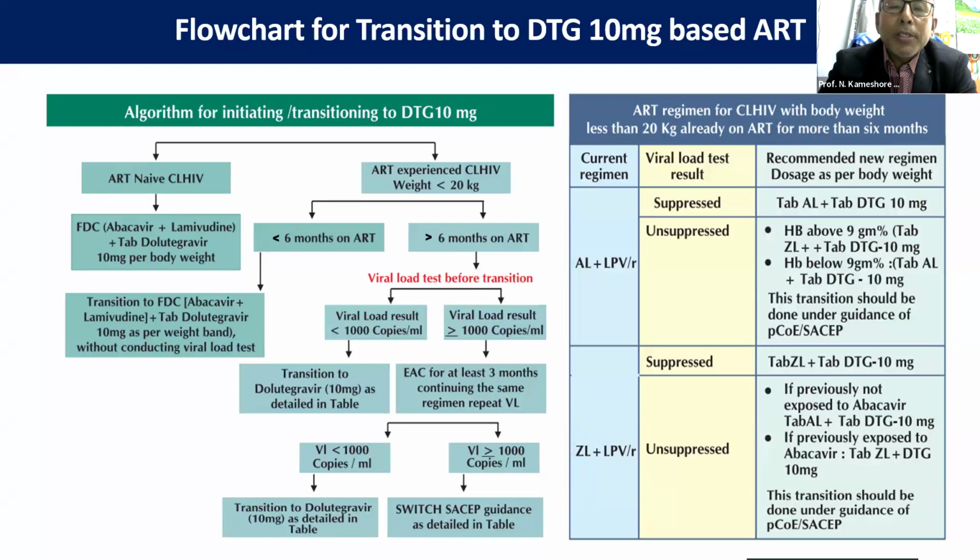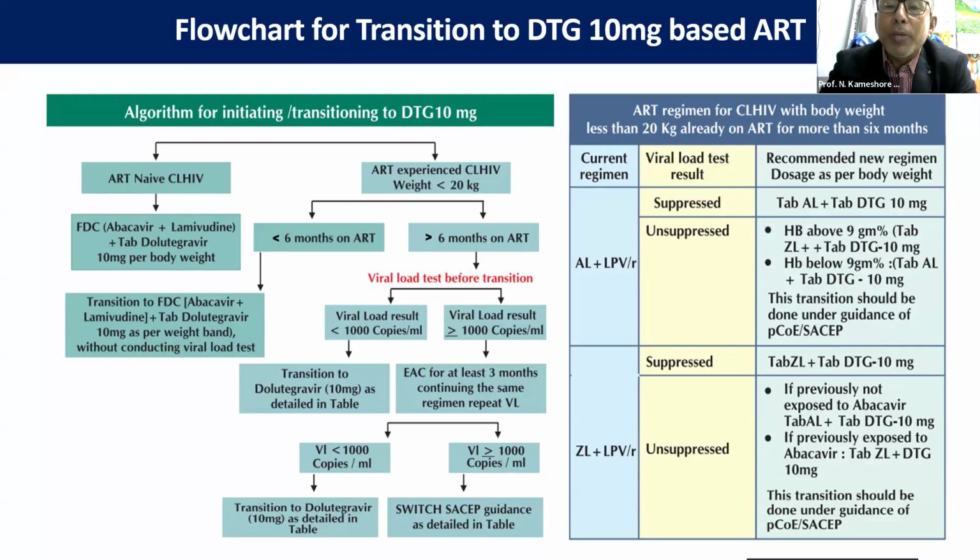Another example is that if the child is taking ZL and lopinavir, ritonavir, and is virally suppressed, we will continue ZL and transition to dolutegravir 10 milligram. And if the child is unsuppressed in the viral load, then zidovudine will be changed to abacavir if not exposed to abacavir before.